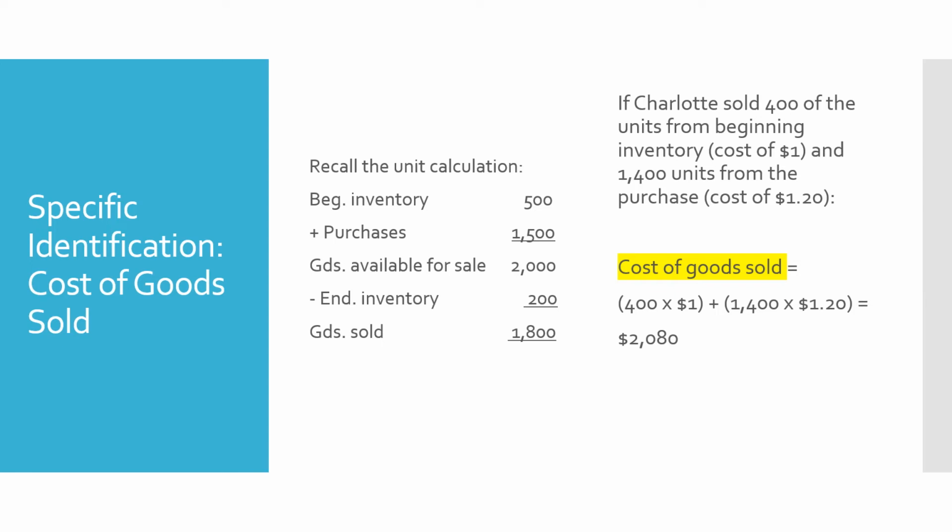So thinking about what units are left in ending inventory, we would have had 100 of the $1 units out of beginning inventory and 100 of the $1.20 units that were from the purchase that we made.